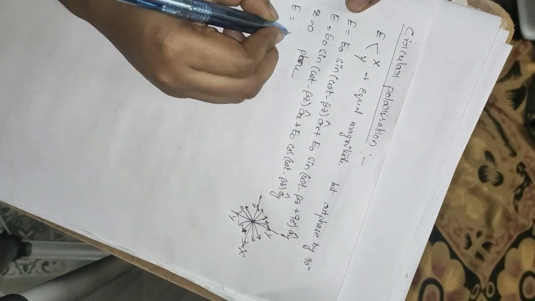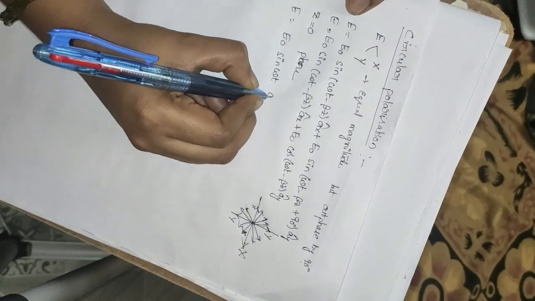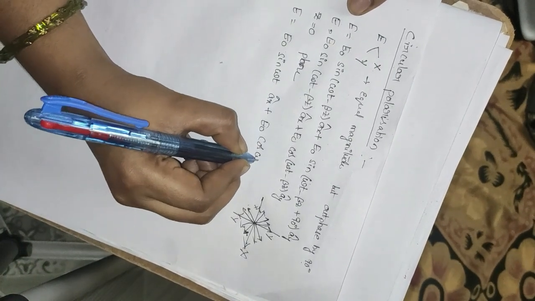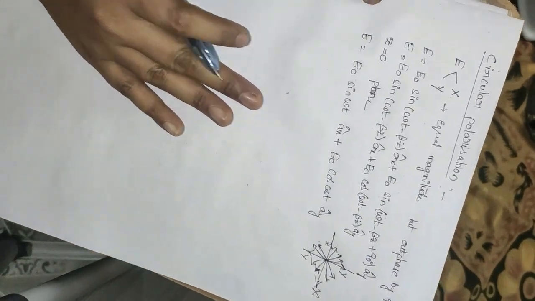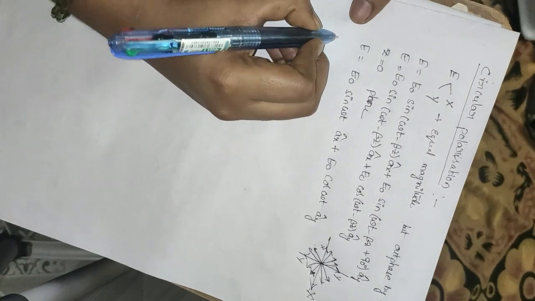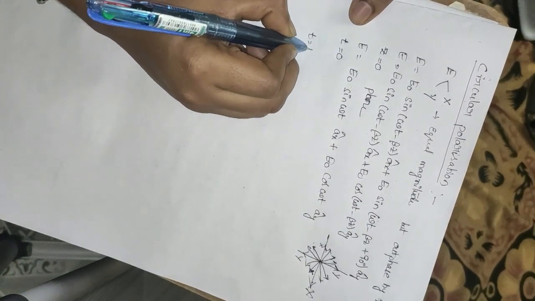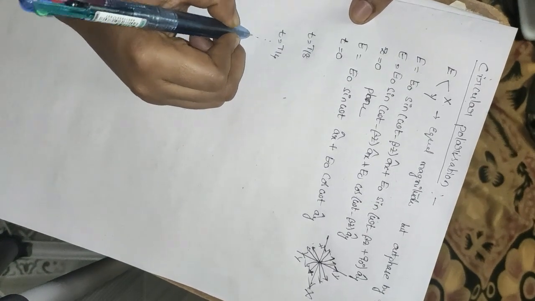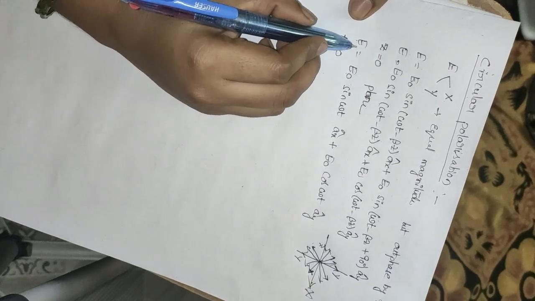So E is equals to E naught sin omega t ax cap plus E naught cos omega t ay cap. Okay, therefore for different time intervals t is equals to 0, t is equals to T by 8, t is equals to T by 4 and so on, we need to check the magnitudes of E field.